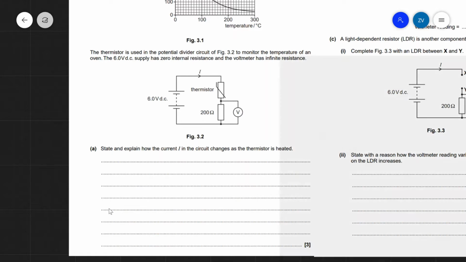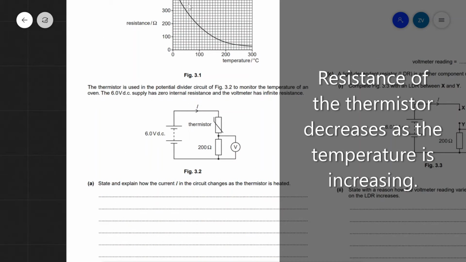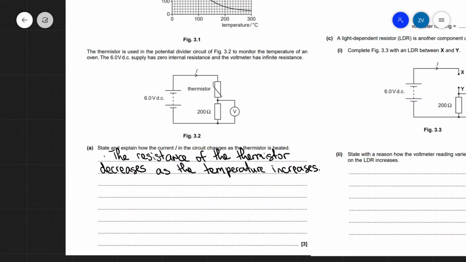The first thing that we need to write down is that the resistance of the thermistor will be decreasing as the temperature is increasing. Now, because of that, the total resistance in the circuit will decrease. So I'm going to write this down: the total resistance in the circuit decreases.